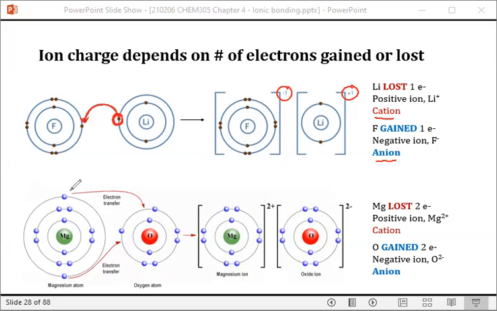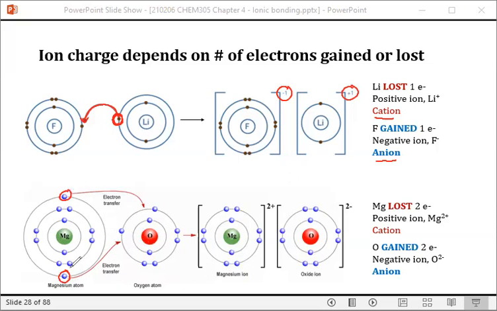The easiest way for it to get to 8 is to give up these 2 electrons, because once it gives up these 2 electrons, its next most outer shell is going to have 8 electrons in it. So it could either give up 2 electrons, or it could try to take 6 electrons, but it's going to be a lot easier for it to give up 2. That's like the fastest way to get to a full outermost shell. So magnesium is eager to give up, or transfer, 2 electrons.